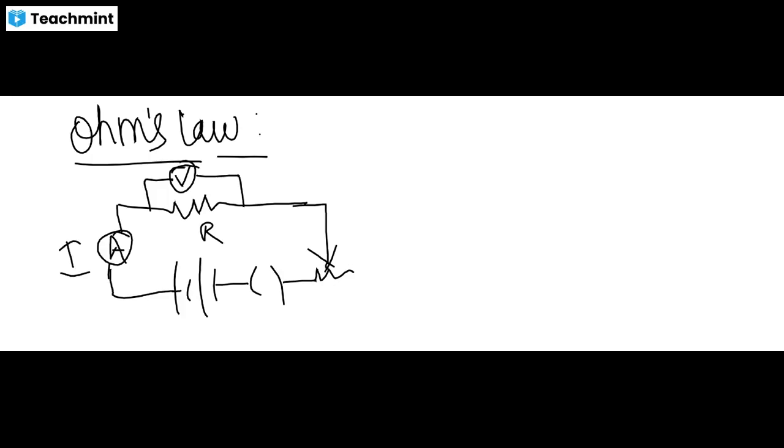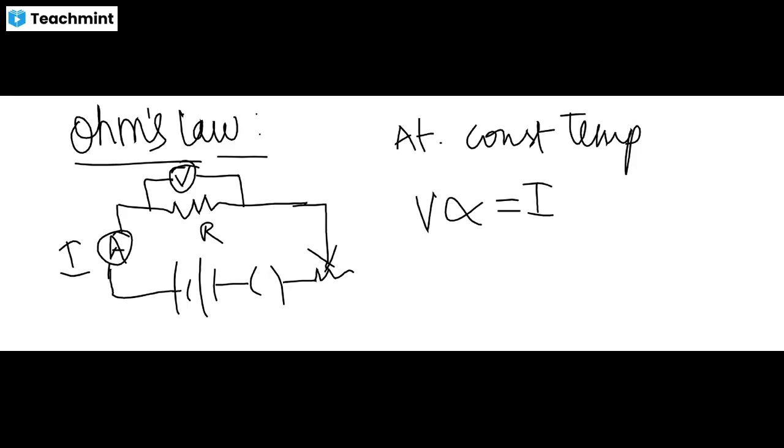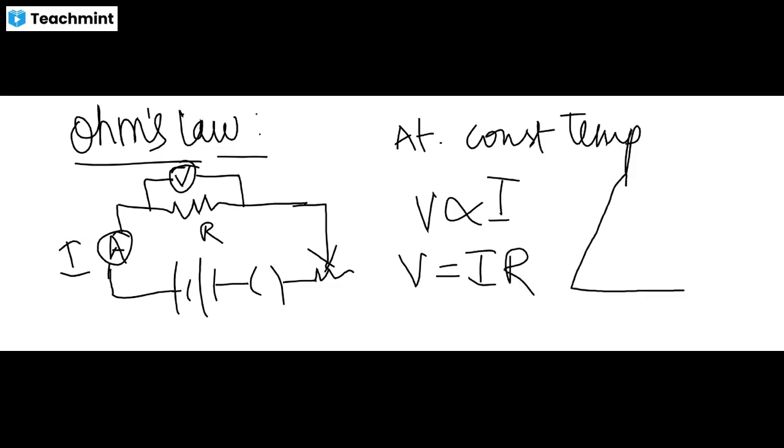The electric current is directly proportional to the potential difference across 2 points in a conductor, given that the temperature remains constant. At constant temperature, potential difference is directly proportional to current, or you write it as V is equal to I into R. So this is one triangle trick you can remember.